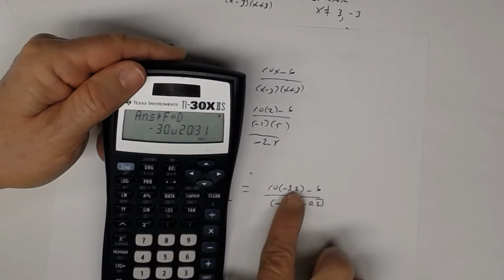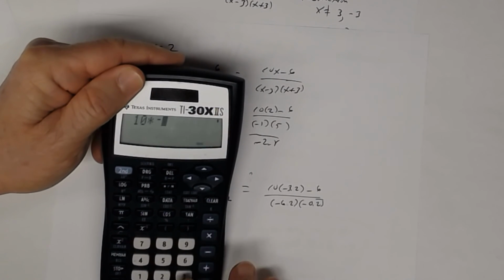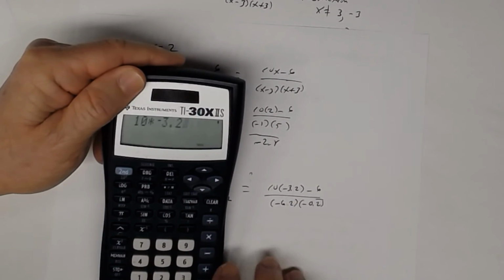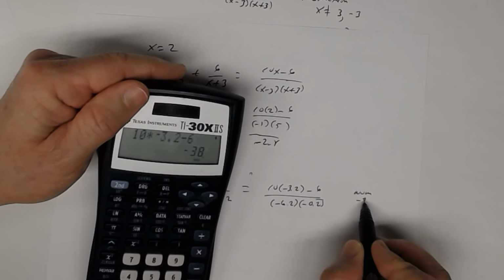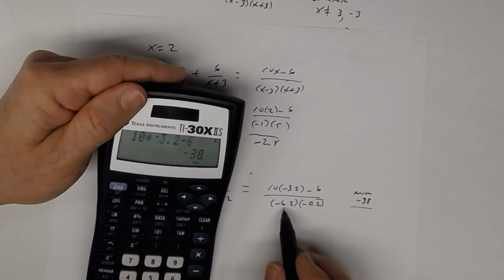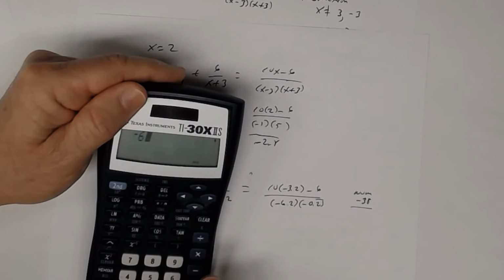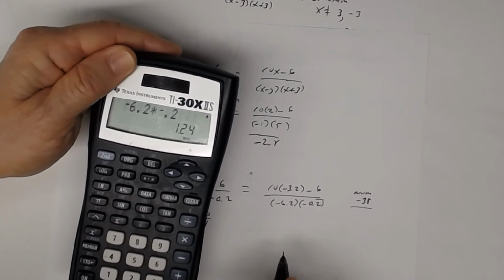Over here, though, let's use the calculator for the numerator. So 10 times negative 3.2 minus 6 equals, so my numerator is negative 38. The denominator, negative 6.2 times negative 0.2 is 1.24.